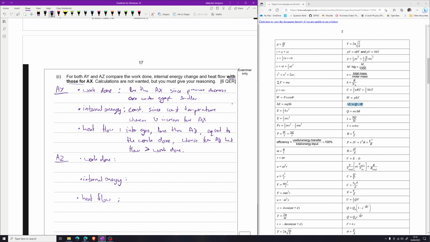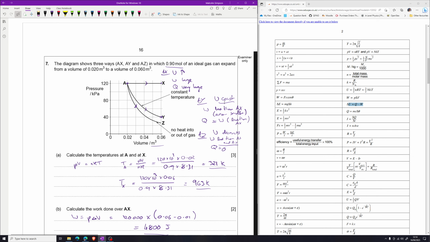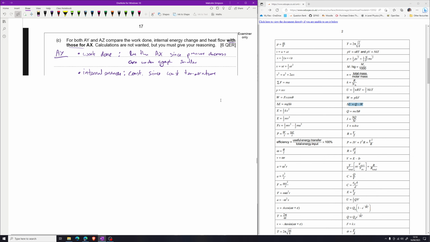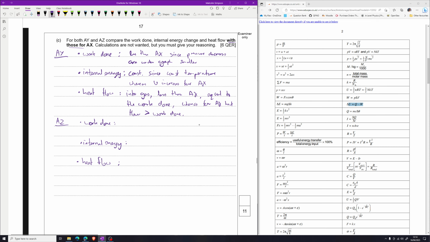Okay, AZ then, same thing. I'm just putting these statements I've made up here into these headings. So work done much less than AX and less than AY.